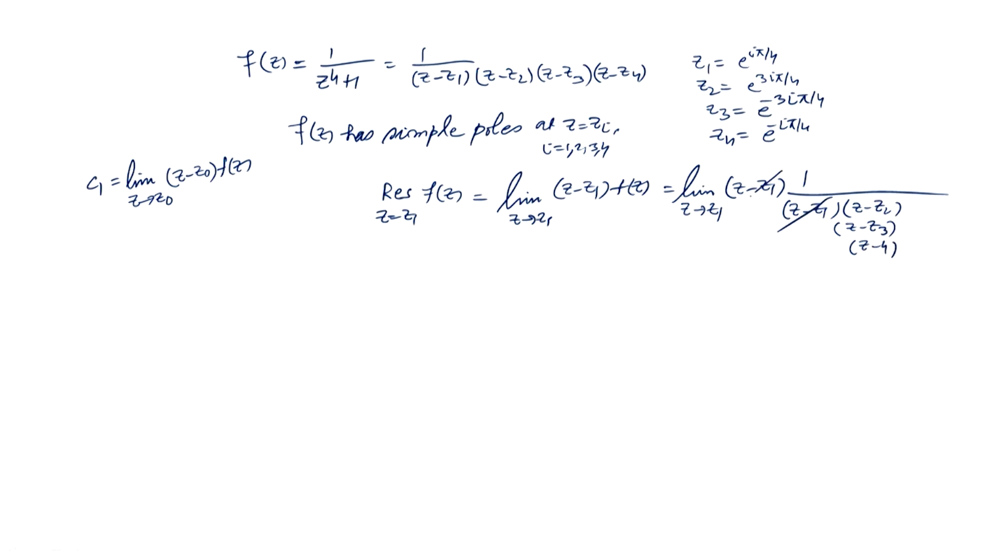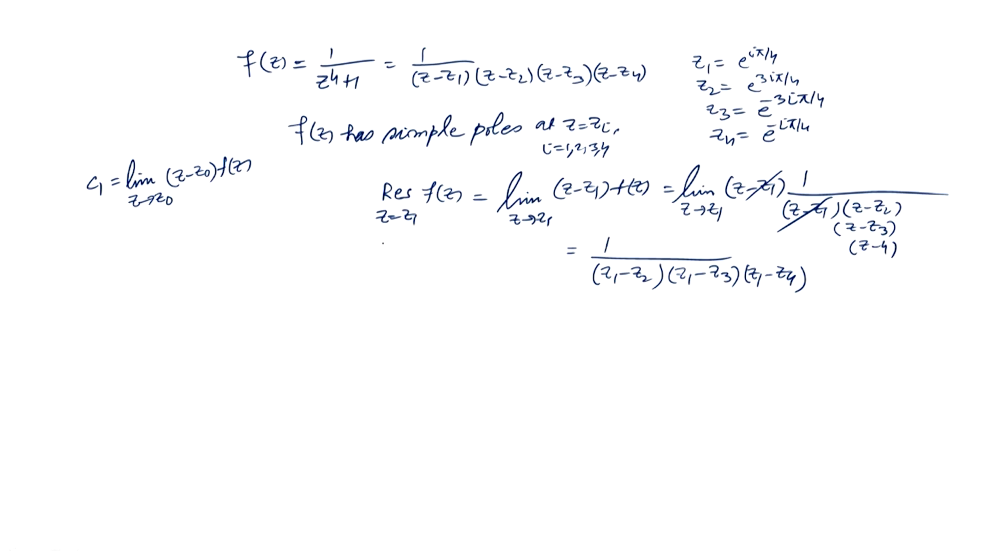We can cancel z - z1 in the numerator and denominator, and then we have 1 over (z1 - z2)(z1 - z3)(z1 - z4). So, this is the residue at z = z1.